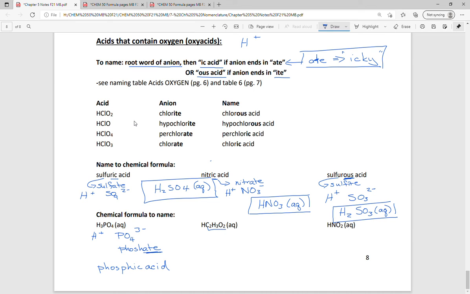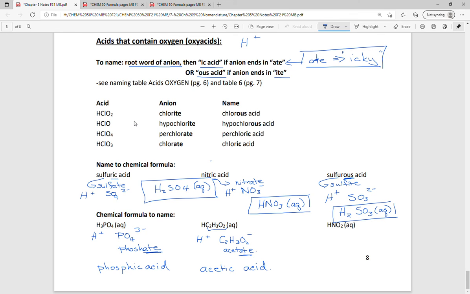Another one here, this polyatomic is acetate. So we'd have hydrogen as the cation and C2H3O2 as the anion. So that's acetate. Another example of after you ate something, you might feel icky. So this would be acetic acid.